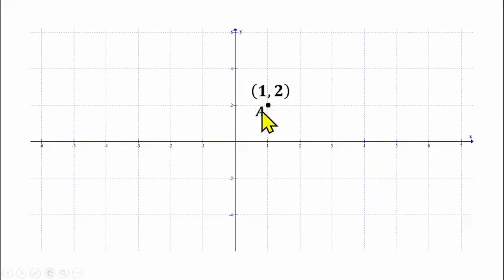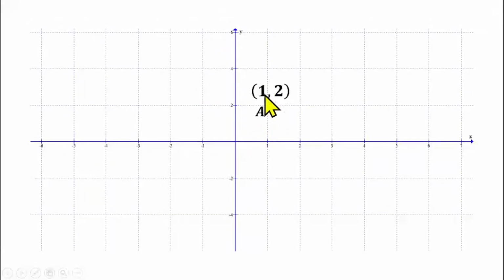So the position of point A on the graph is 1 on the x-axis, 2 on the y-axis. If you write this value in brackets form like this, separated by a comma, this is called a coordinate. This is what we call coordinate: the location or position of a point or an object in relation to the axis of the graph.